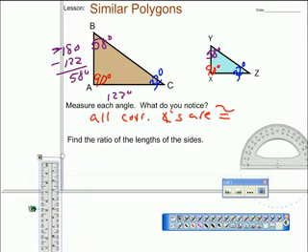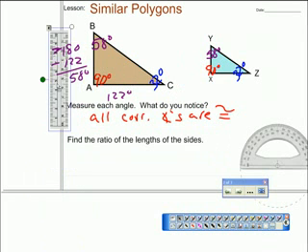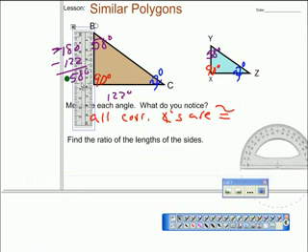This is a metric ruler I'm going to use, so measurement will be in millimeters. Alright, for this side right here, AB is about 57 millimeters.